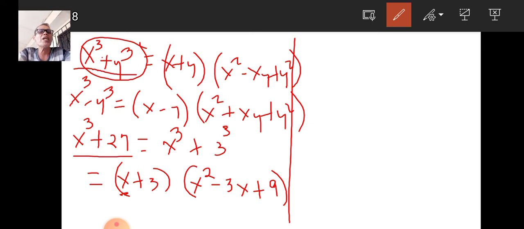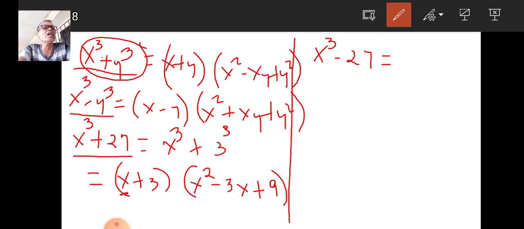Now, if it is the difference of two cubes, let's say x cubed minus 27, the same thing: you are going to rewrite the given expression in the form of x cubed minus y cubed.